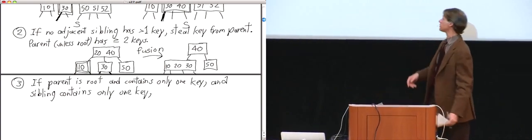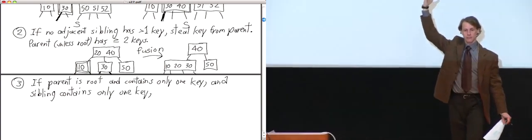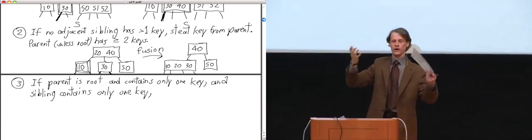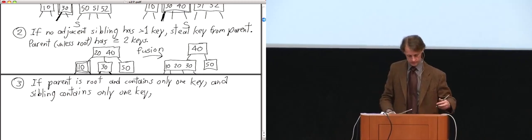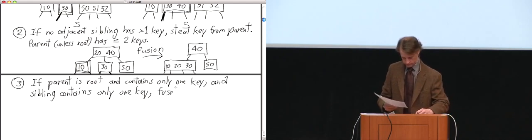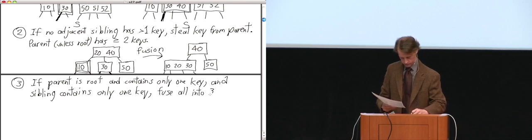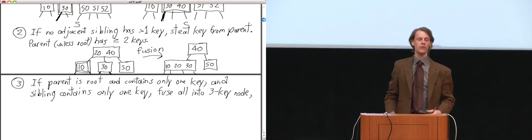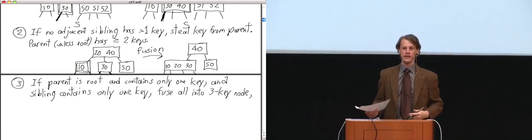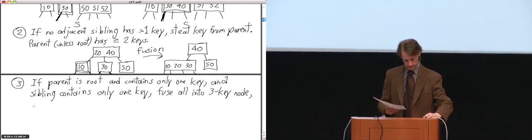Then you still do a fusion operation, but now you're actually pulling down the root node and combining it with its 2 children. So all 3 nodes together become 1 node. And when you fuse the root and both of its 1-key children together, that node becomes the new root.